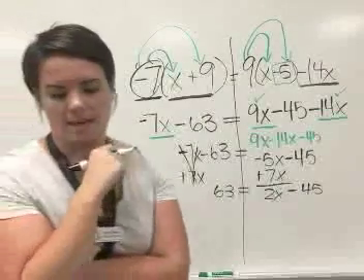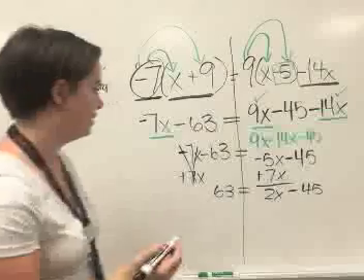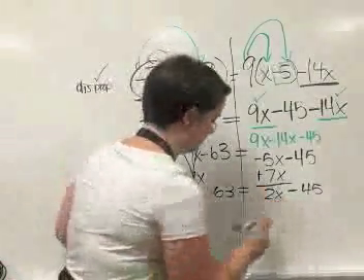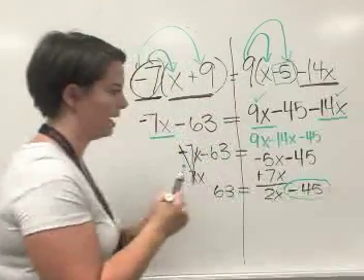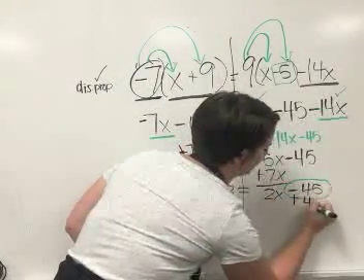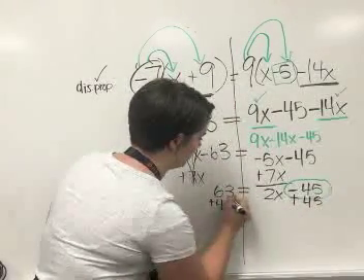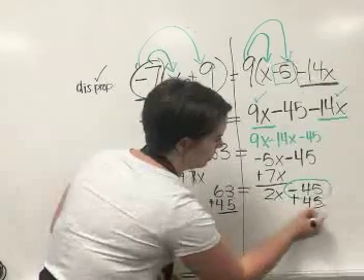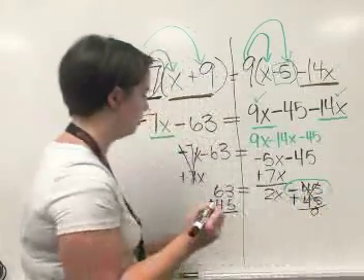Okay, what's my next step? Anything being added, subtracted. Yes, I am subtracting 45, so what's the opposite? I have to add 45 to both sides. Negative 45 plus 45 cancels out to 0.